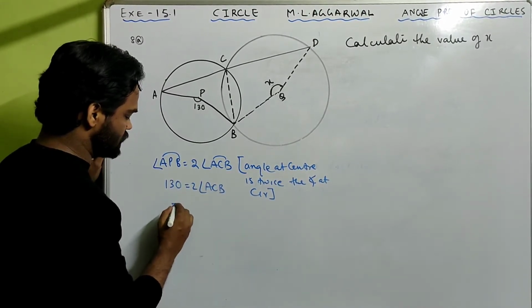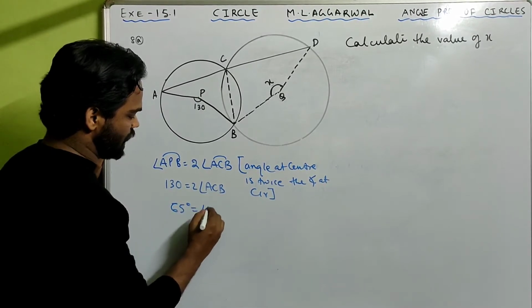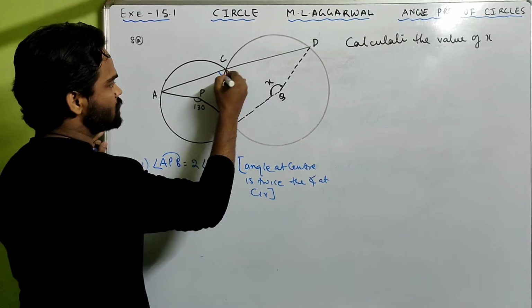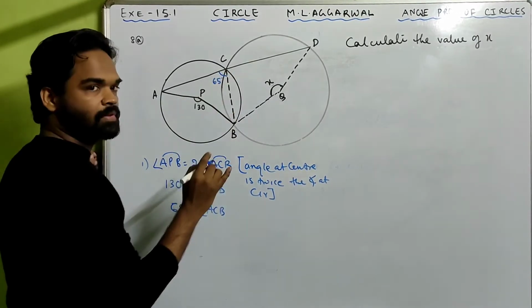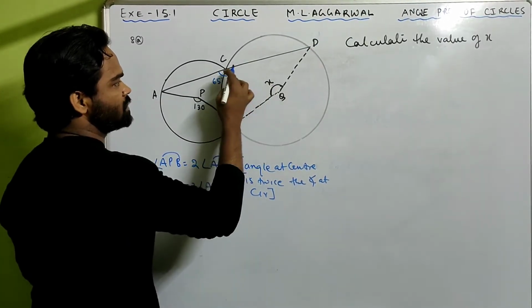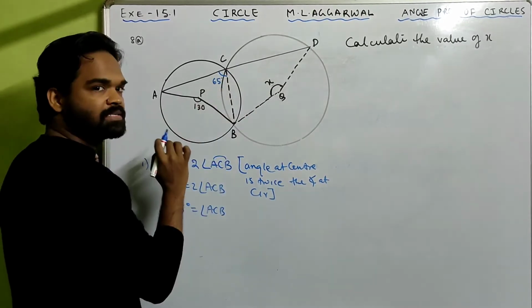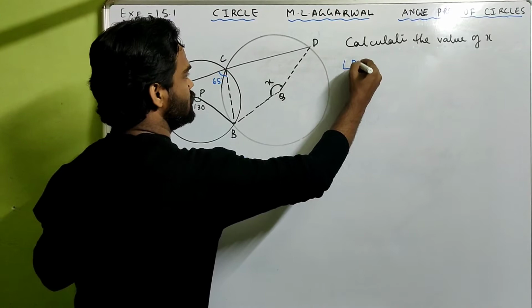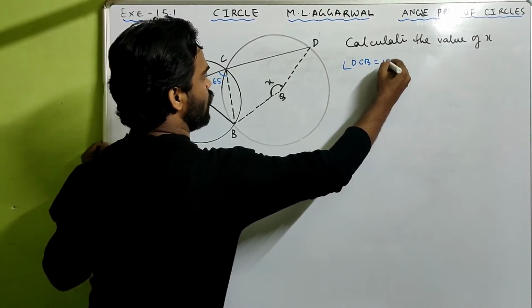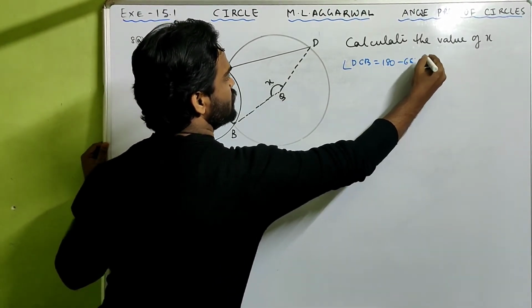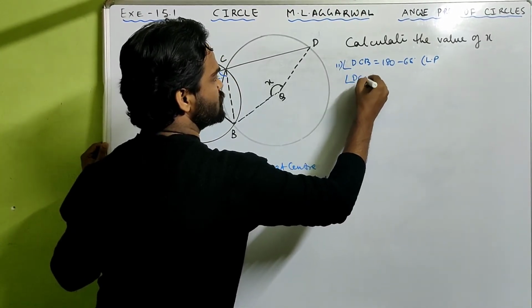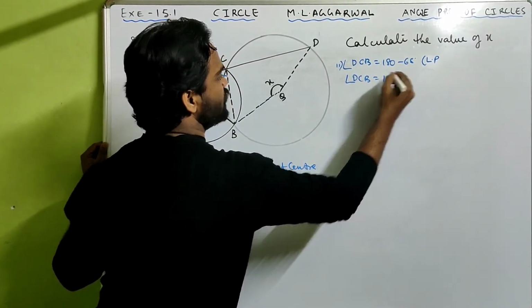So that's 65 degrees equals angle ACB. Done. So this angle is known, 65. Now look carefully. DCB will be 180 minus 65. Linear pair. That's a straight line. Angle DCB equals 180 minus 65. That's a linear pair. Which means angle DCB will be 115 degrees.